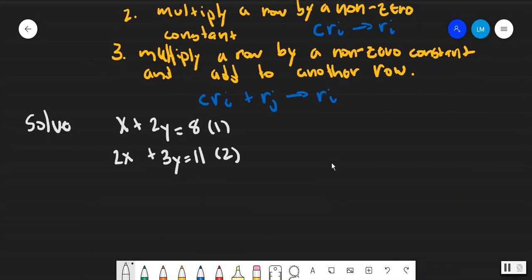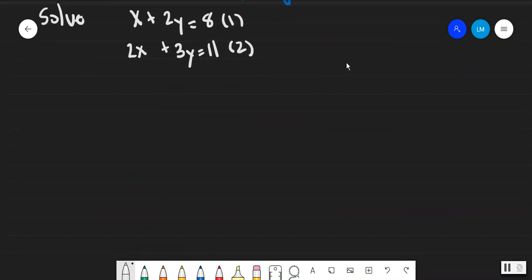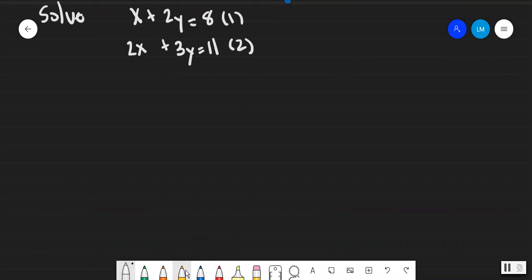The first step that we need to do is to augment the system, so we need to find the augmented matrix. The augmented matrix is 1, 2, 2, 3, and then we have 8 and 11.